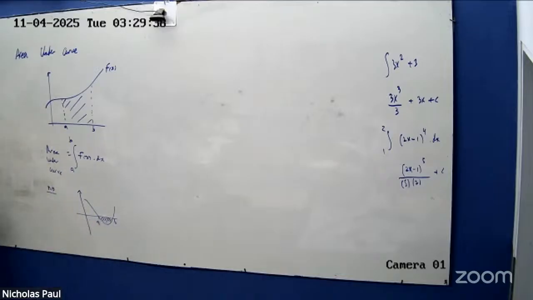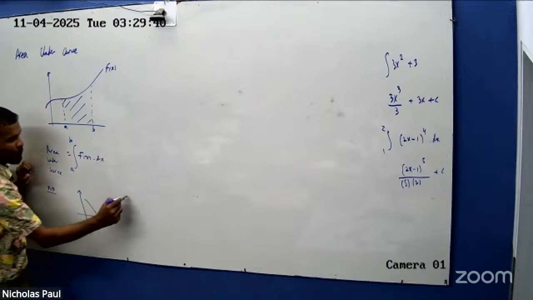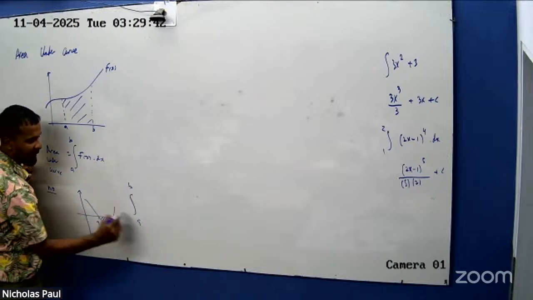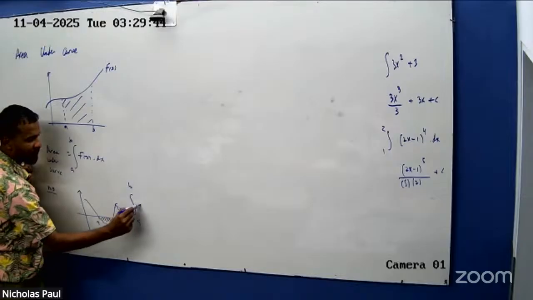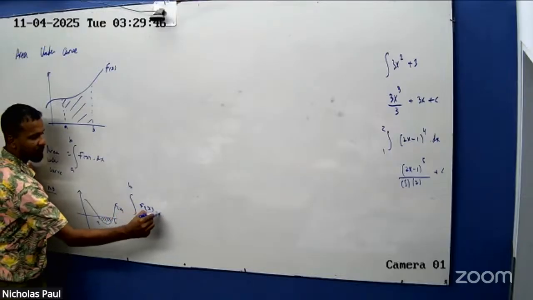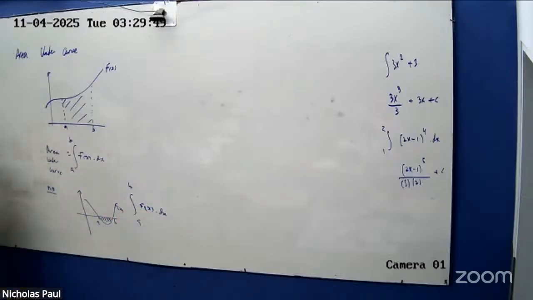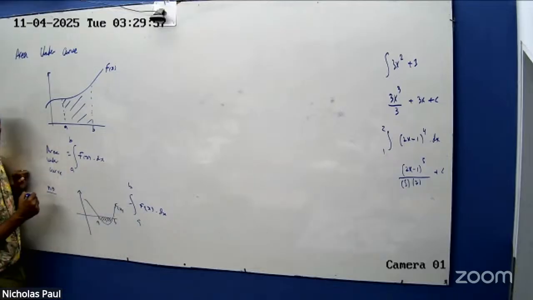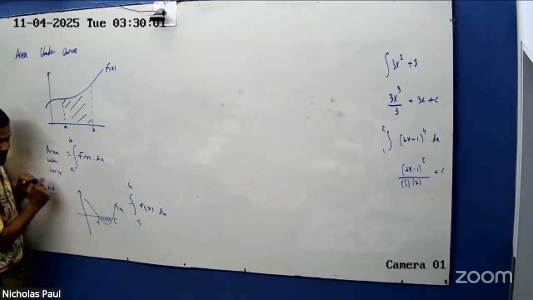But if you integrate between b and a of this special function, f of x, if you work out that integral, you're going to get a minus value. So to avoid getting a minus value, you put a minus in front. Okay? So whenever you integrate below the x-axis, you put a minus sign.